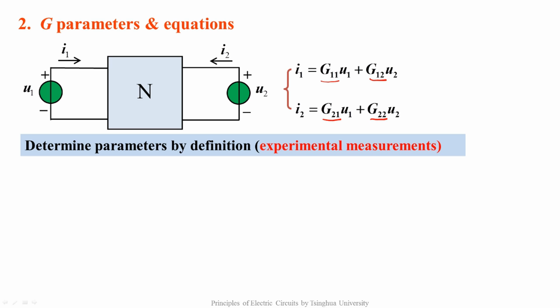From these two equations, you will find if U1 or U2 is set to zero respectively, the relationship between the voltage and the current becomes simpler.